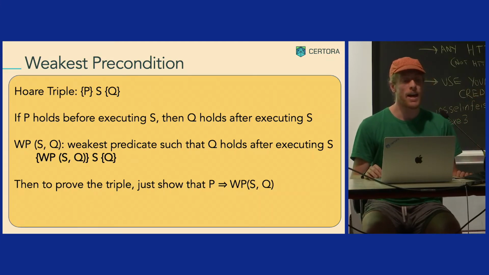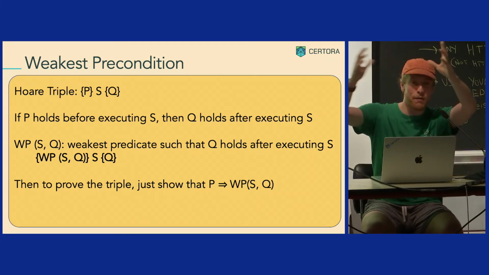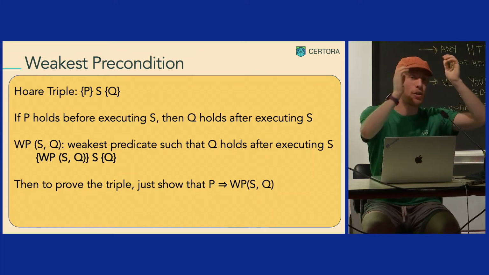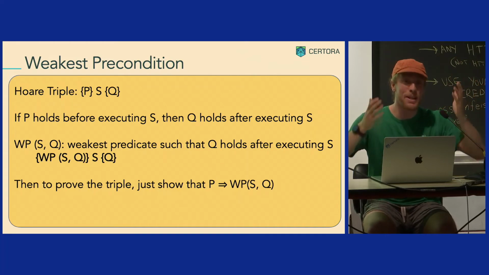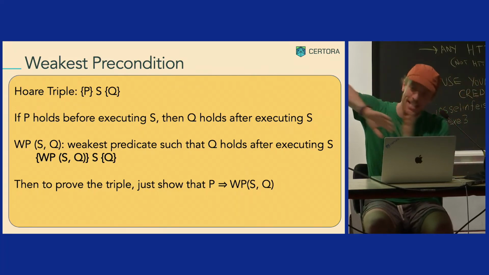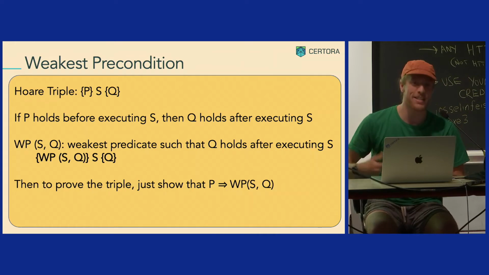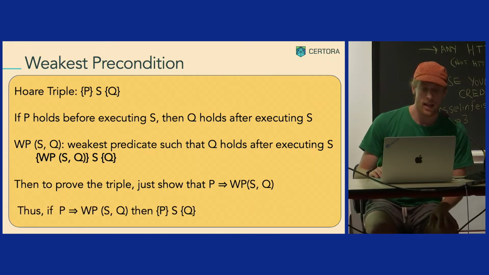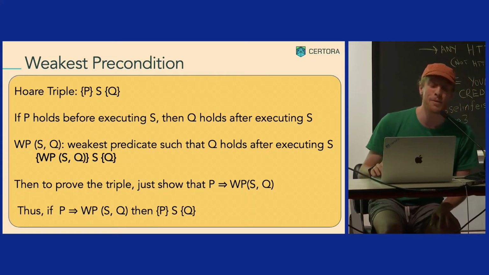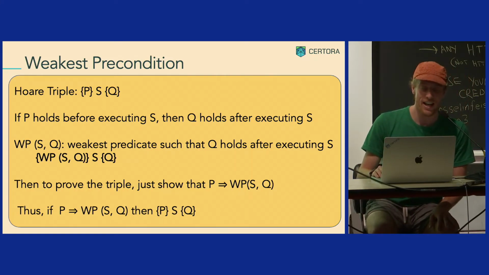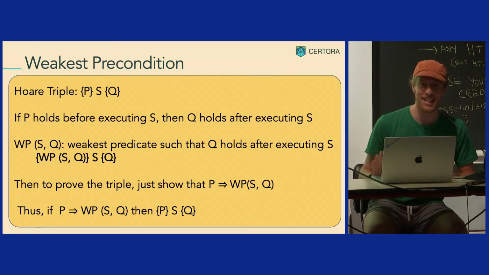Then you take that big formula, you take your P that you wrote, you construct P implies weakest precondition, and that's what we send to the solver, more or less. That's what this last formula is, what I just explained. If we can show that P implies the weakest precondition, then the Hoare triple holds. Hopefully that makes sense. There's a lot of stuff going on there.